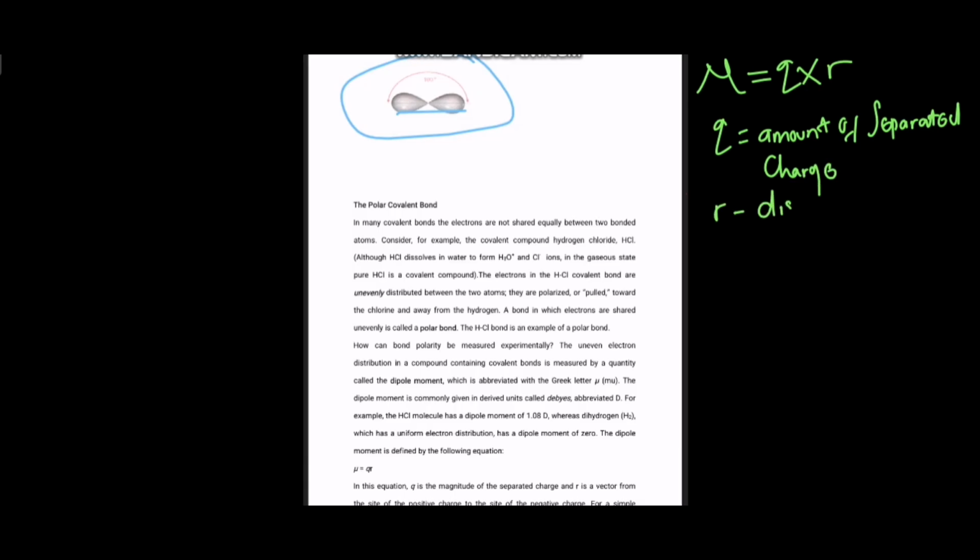The dipole moment is represented by the symbol mu, and mu equals Q multiplied by R, where Q is the amount of separated charge and R is the distance between the charges.